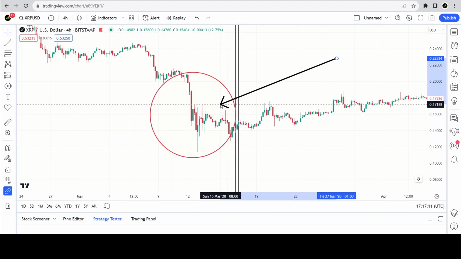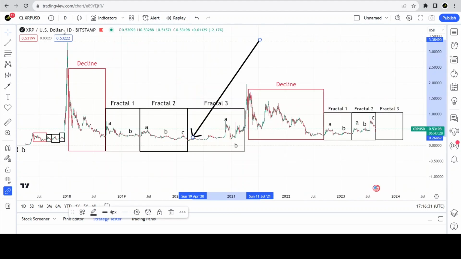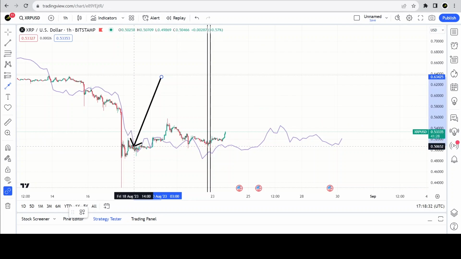So let's copy and paste this declining structure from this part right here. So this was the part where that potential wick down would have taken place, and that would be actually over here. It did not follow the timing, height, or depth of the original fractal here, but it did do its own similar thing.